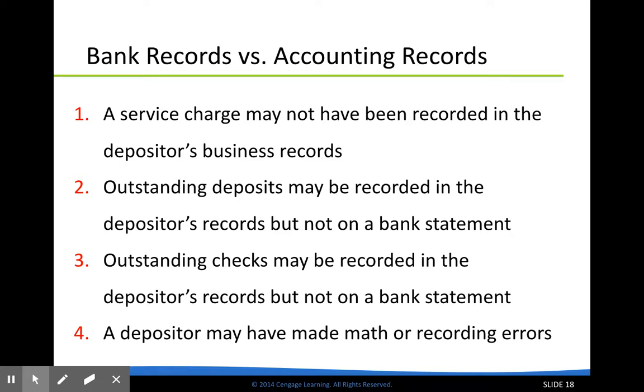We may make a deposit on the same day that the bank statement is printed, and it might not show up on the bank statement. So that'd be considered an outstanding deposit. We have it on our records, but the bank doesn't show it on the bank statement yet. Finally, there's obviously a chance for errors. Anytime we're doing accounting, anytime you're at the bank making a deposit, or anytime you're writing a check, there's a chance for error. So we need to verify what the bank has compared to what we have.